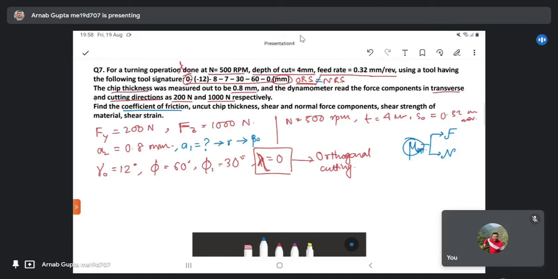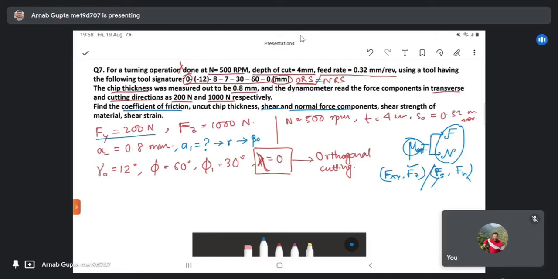For F and N, we need to know at least two sets of forces, either Fxy and Fz, or shear force and normal force. We are not given these values, rather we are asked to find them, but we are given Fz and one of the components of Fxy, the thrust force component, that is Fy.